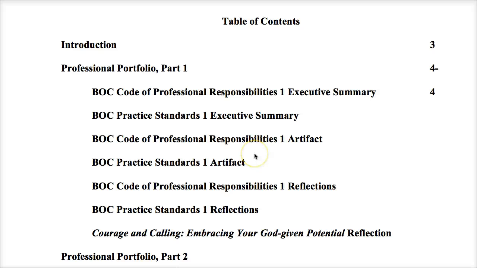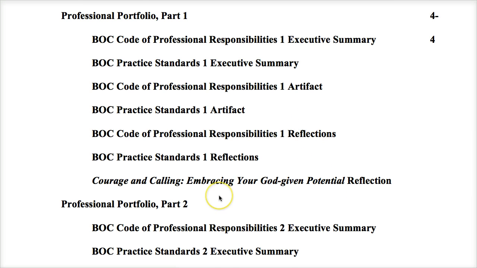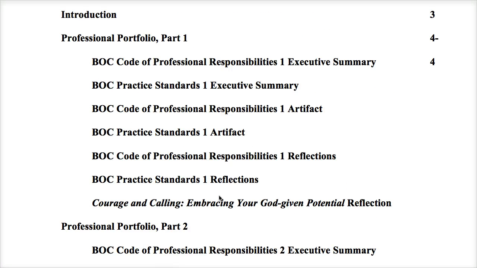When you turn in your first rough draft, you need to get rid of the other parts of the table of contents and the rest of the material in this template that does not apply to what you're turning in, because you're not turning in an artifact section. You need to remove all this material.